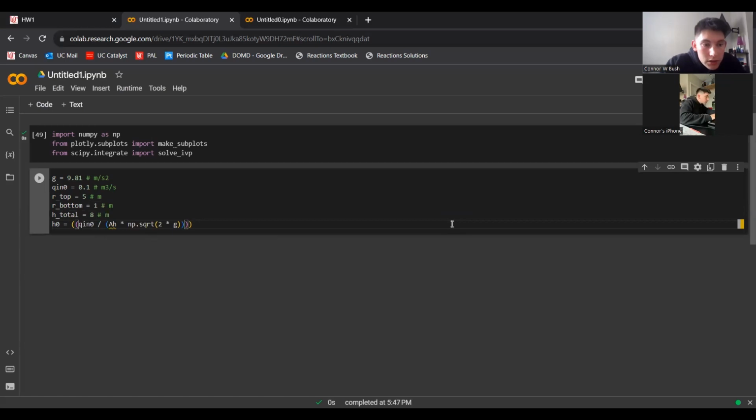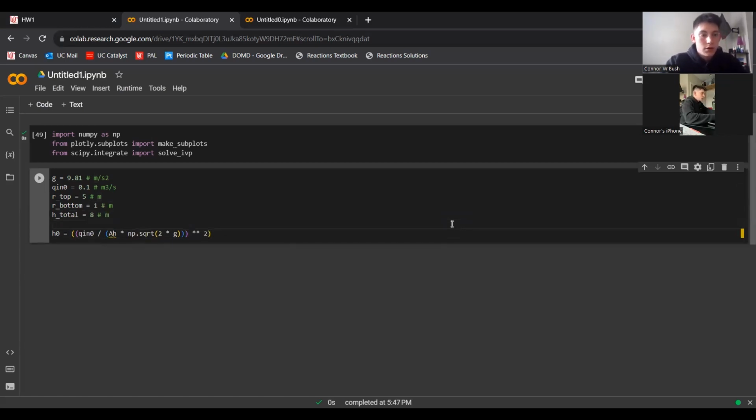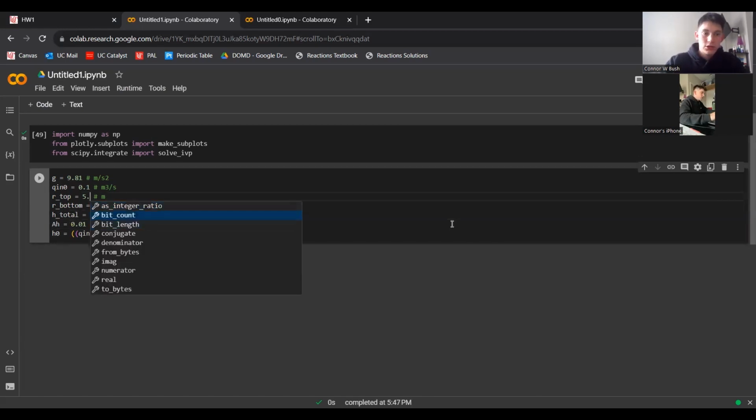And then all of this will be squared. The cross-sectional area of the hole at the bottom is equal to 0.01. This is in square meters.